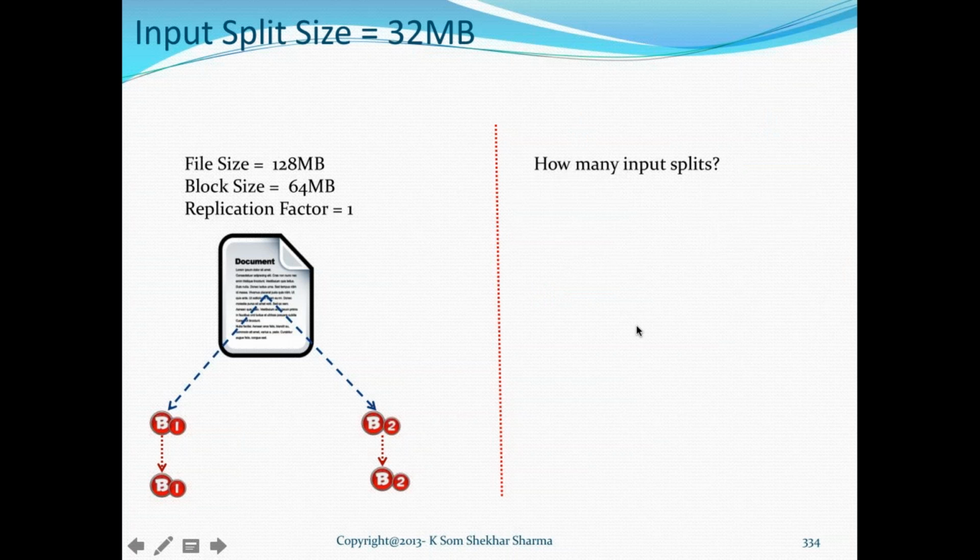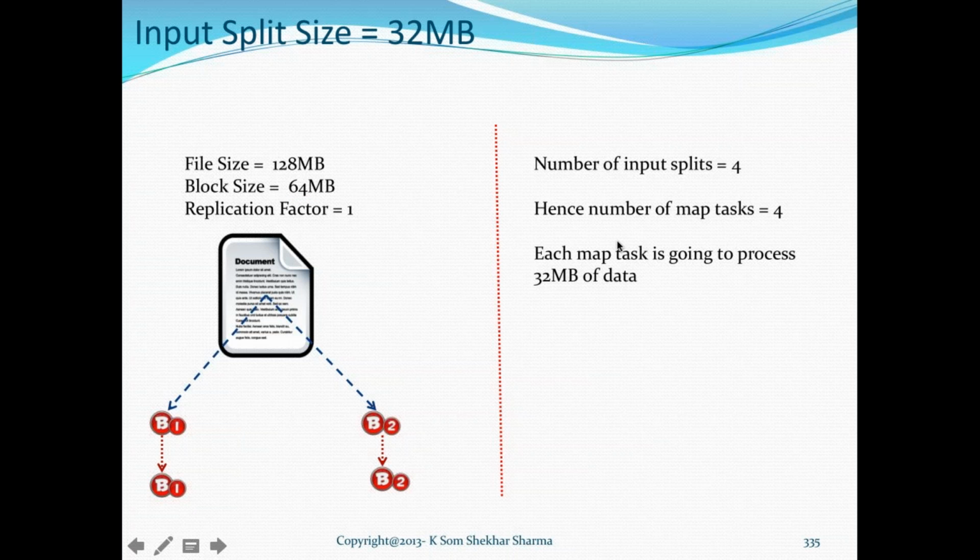Now, the second case. Please understand, I'm not going to change the block size. The block size remains the same, but now I'm changing the input split size. This is my case 2. How many input splits in this case? 4. You will have 4 input splits, and hence the number of map tasks equals 4.